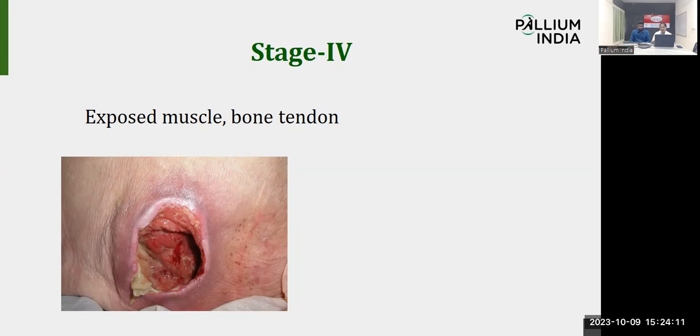Can anyone tell what is the stage 5? Have you heard about stage 5? Yes or no? No, ma'am, we have learnt only till stage 4. Okay, Jagrati has learned only till stage 4. Anybody else?